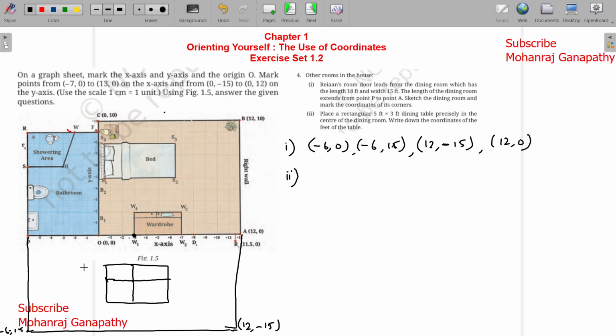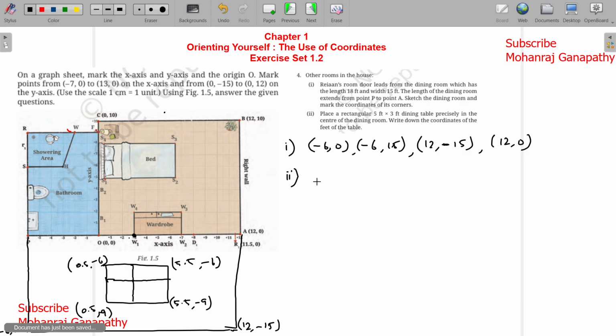Here it is 0.5 comma minus 6, 0.5 comma minus 9, 5.5 comma minus 9, 5.5 comma minus 6.